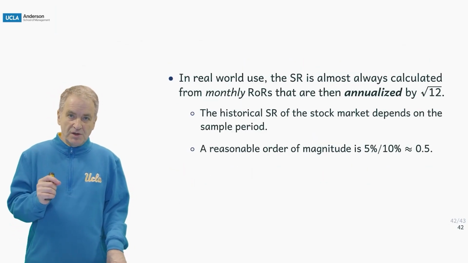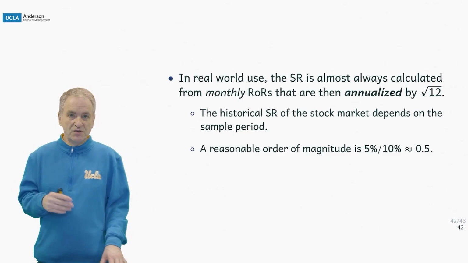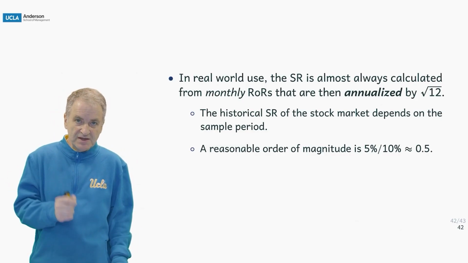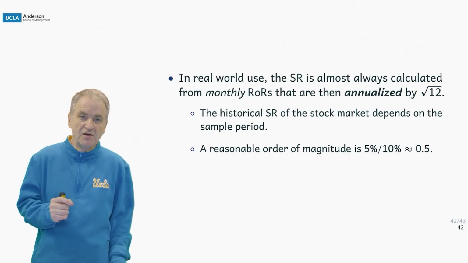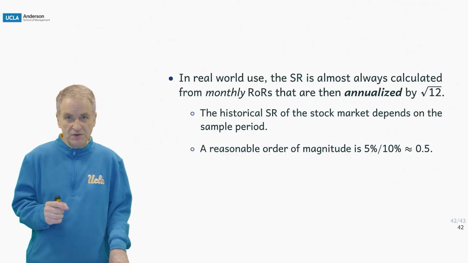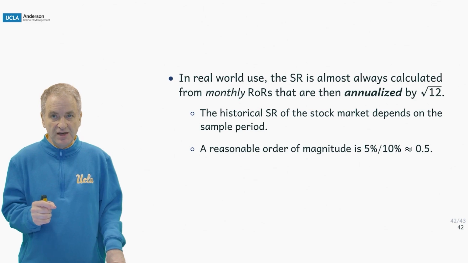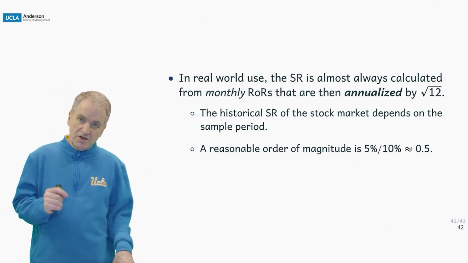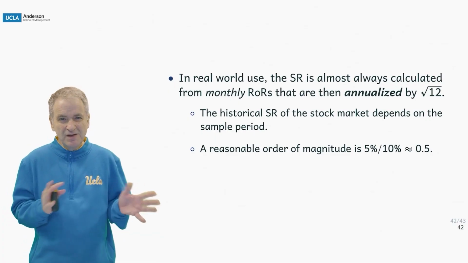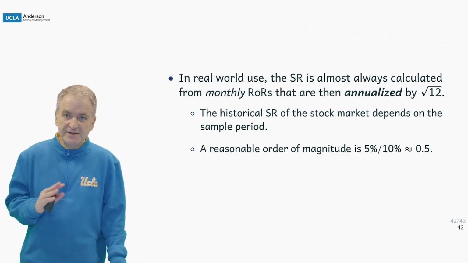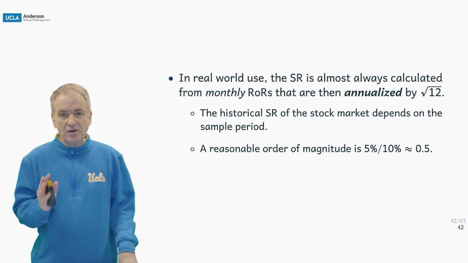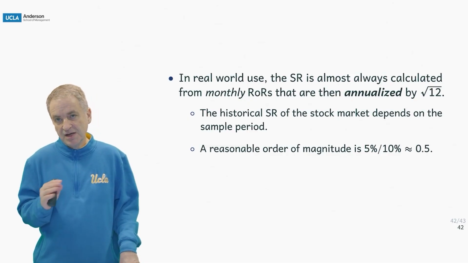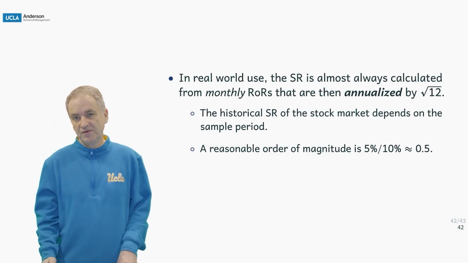In the real world, when people try to sell their funds, their hedge funds, they almost always tell you the Sharpe ratio by starting off with monthly rates of return, which they then annualize with the square root of 12. The historical Sharpe ratio of the stock market depends on the sample period, but reasonably speaking, the annualized Sharpe ratio for the S&P 500 is about 0.5.